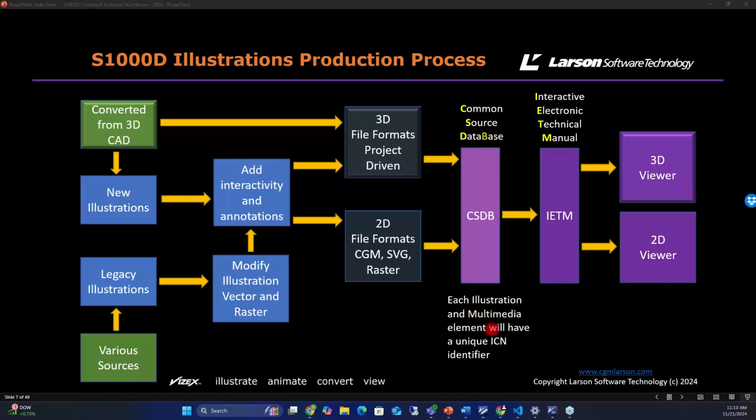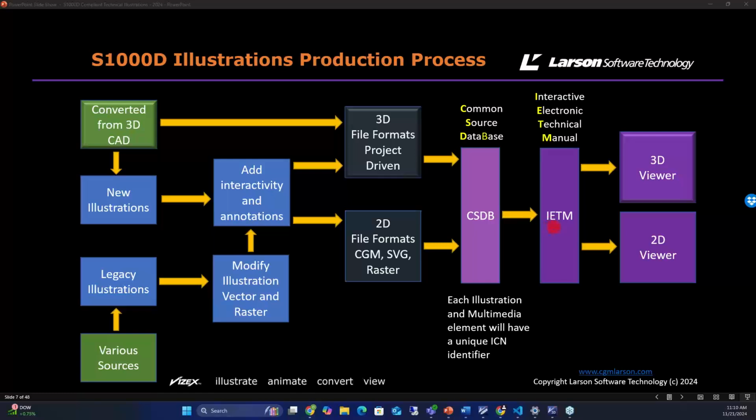Every multimedia item that includes video and image data, but also illustrations, will have an ICN identifier associated with it. So each illustration or multimedia asset will have its own unique ICN number.